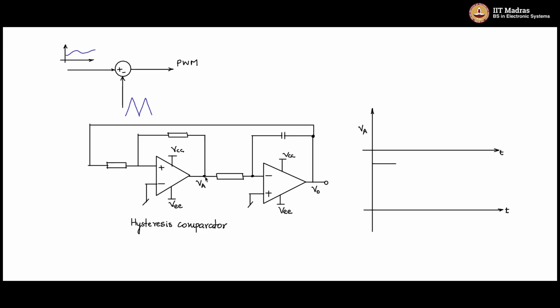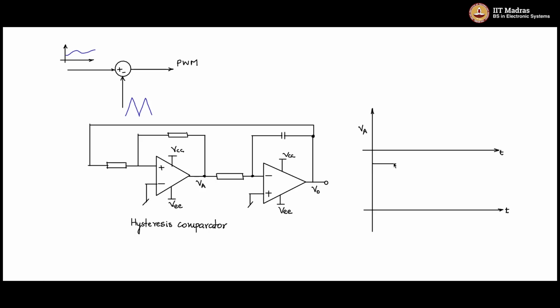How is it negative? The point is the superposition of this signal and the output voltage. If this is less than 0, then this will be negative. So let's say this is negative.